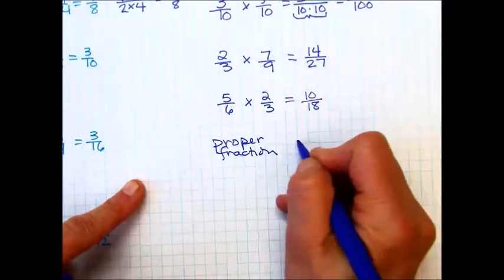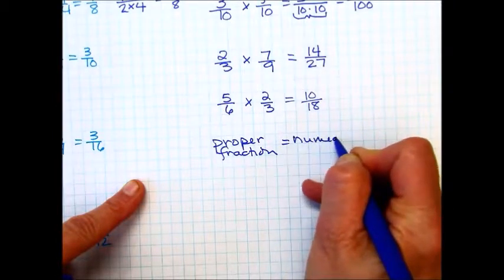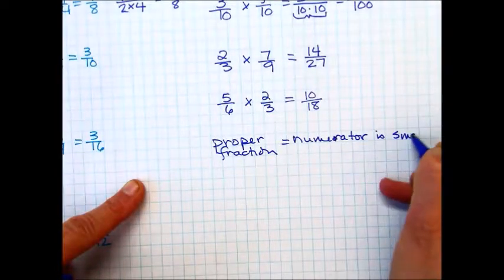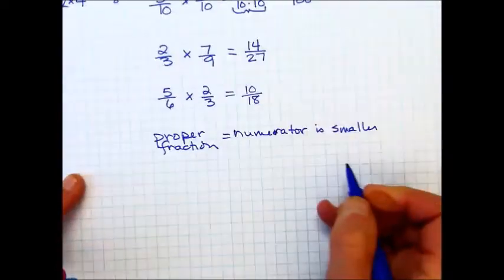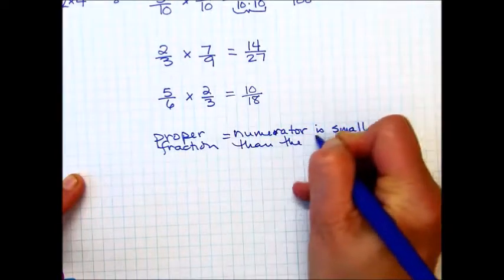So this is when the numerator is smaller than the denominator.